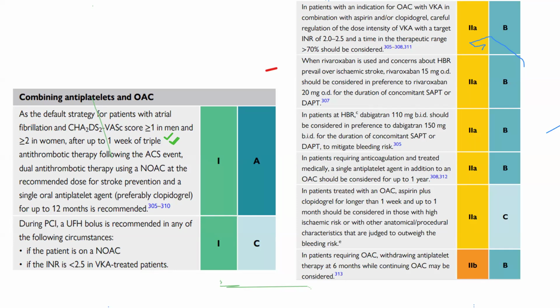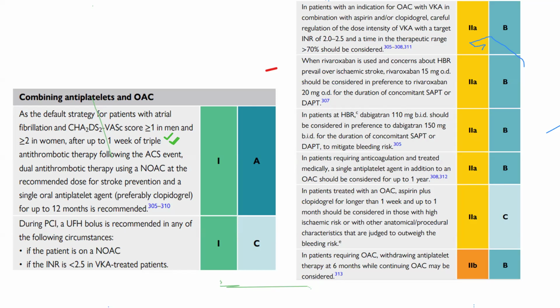So typically we would have done 2 to 3 if you were doing the anticoagulation for the AF, but because of the risk of bleeding, you're looking at 2 to 2.5 if you are using a VKA, and that's a 2A. Then when rivaroxaban is used and concerns about high bleeding risk prevail over ischemic stroke, rivaroxaban 15 mg daily should be considered in preference to the 20 mg for the duration of concomitant single antiplatelet or dual antiplatelet therapy.